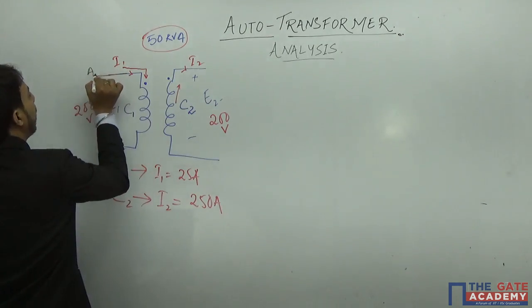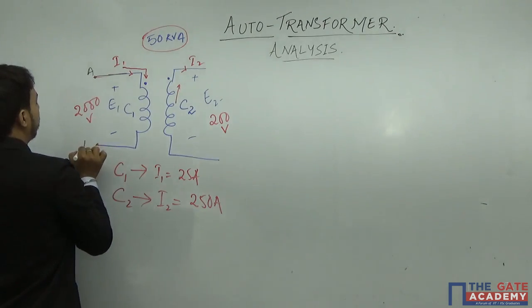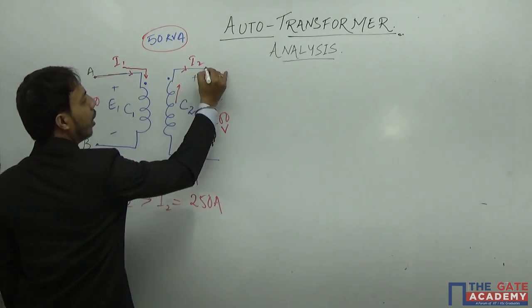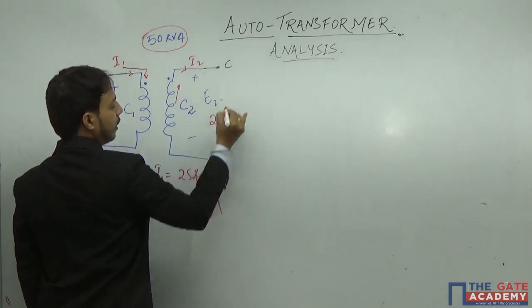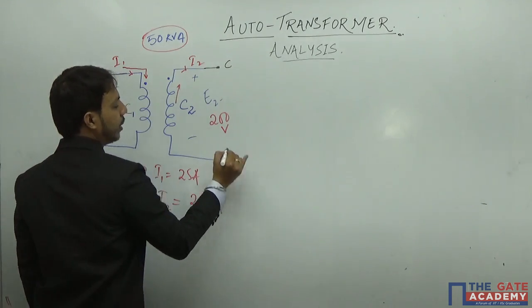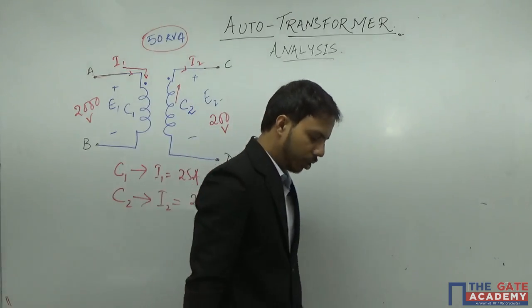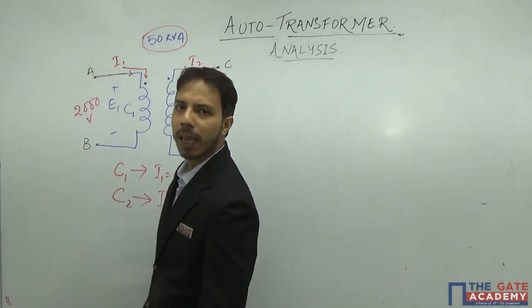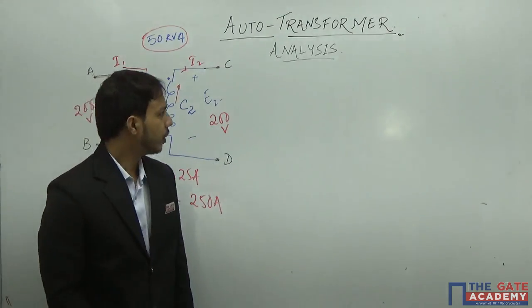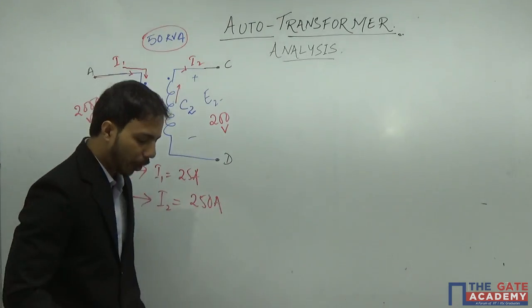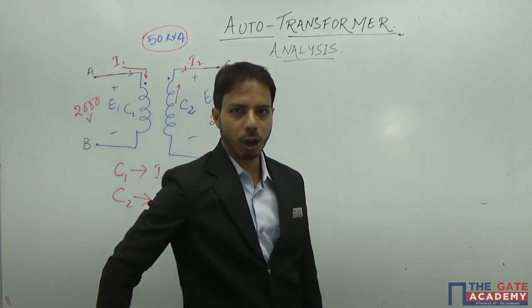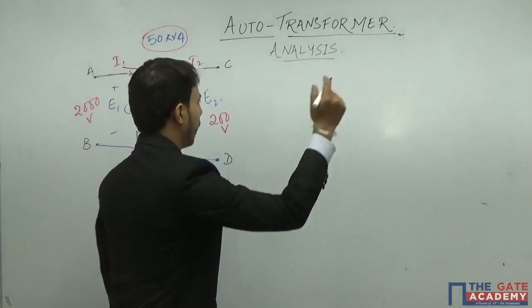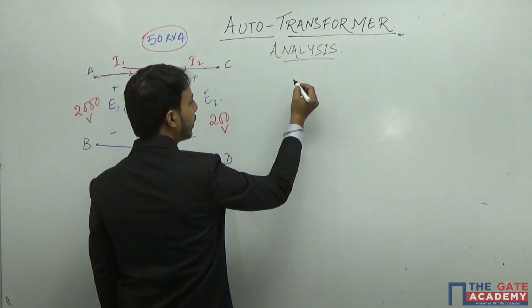Let us say this is point A, this is B, this is C, and this is D. So I have 4 points A, B, C, D. For making an auto transformer, I will be connecting any 2 of these points and making 1 point common.